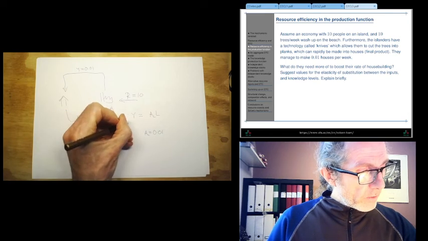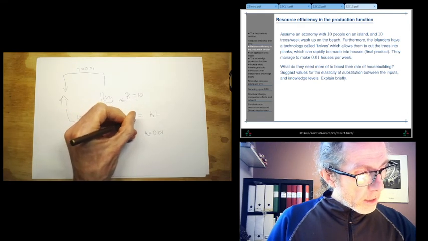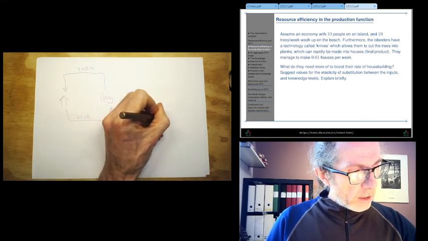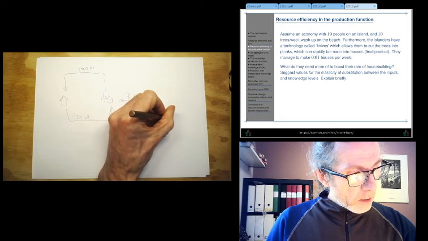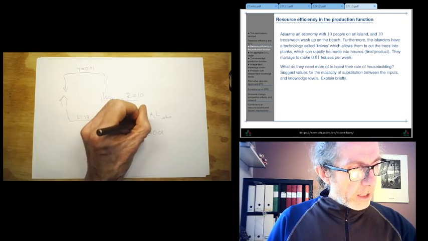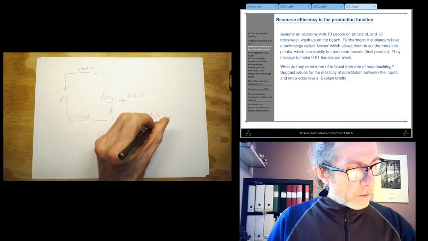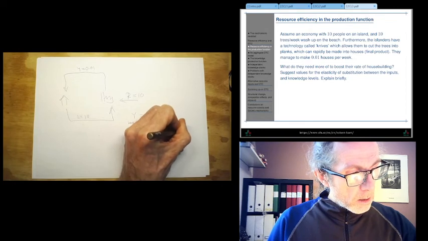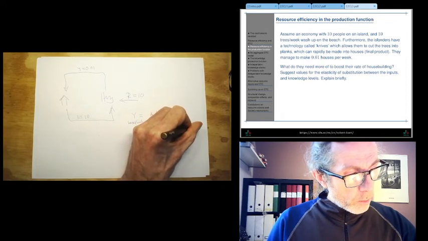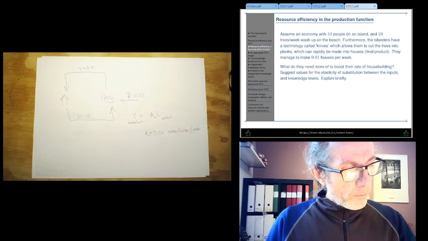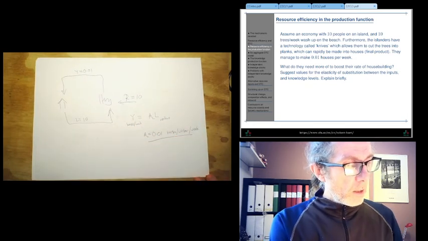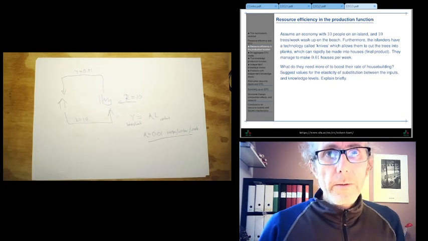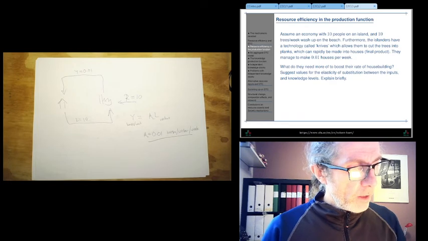Y is houses per week, L is workers, so A_L must have units houses per week per worker, or houses per worker per week. So far so good.